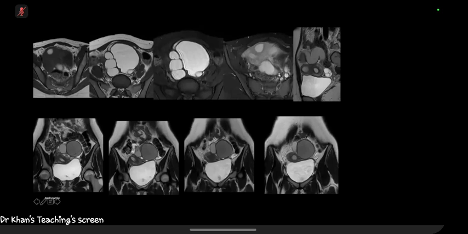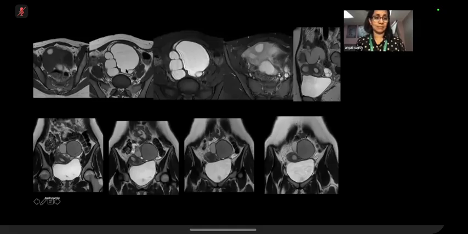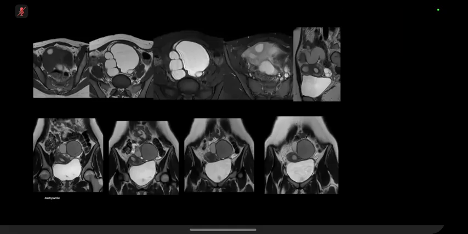So I can see on the top images, on the T1, there is a hypointense lesion with a central hyperintensity anteriorly. And then going on to the next, this is again T1.